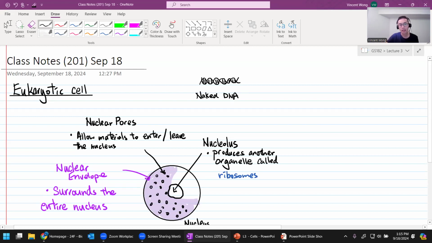We usually don't find naked DNA lying around in a cell too often because if it's exposed, if it's naked, it's very vulnerable. It can get damaged, it might break apart. So often DNA will wind itself around packaging proteins. Okay, so these are packaging proteins.